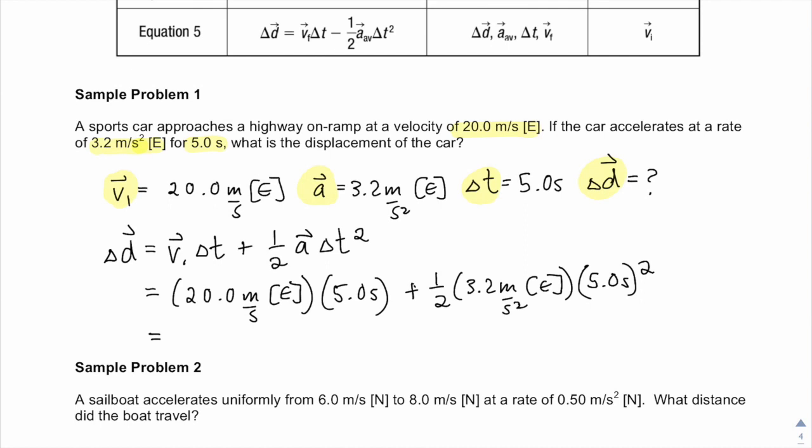Be careful when punching this into your calculator. You may have to do it a couple of times to verify that you've done it correctly. If you punch this into your calculator correctly, you will end up with 140 meters east. Therefore, the displacement of the sports car during this 5 seconds is 140 meters east.